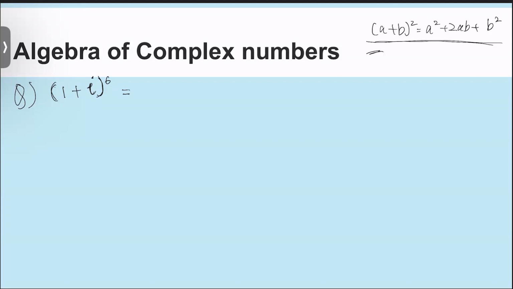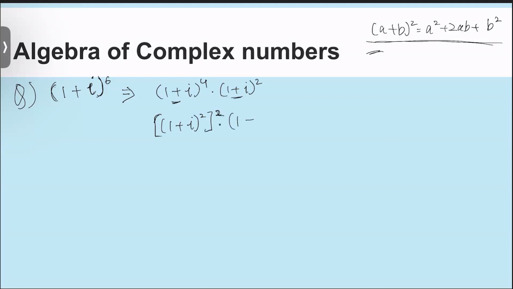You can make this into (1 plus i) raised to 4 multiplied by (1 plus i) squared. Now this part you can again simplify as ((1 plus i) squared) squared, and you expand this bracket.